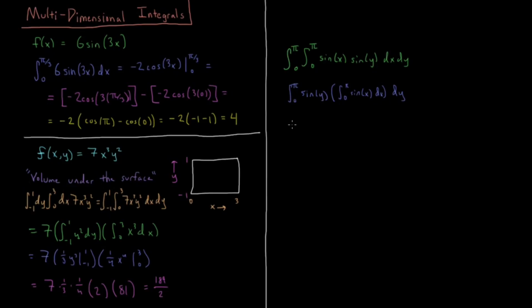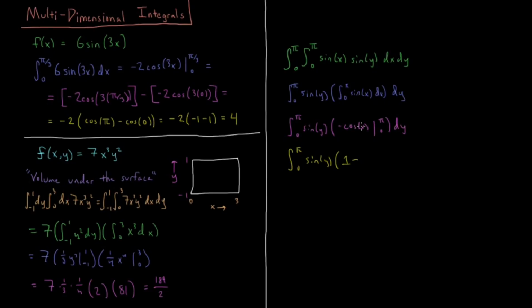So within there, I'm going to have integral 0 to pi sine y times the integral of sine x, which gives me minus cosine x from 0 to pi, dy still on the outside. Then I have integral 0 to pi sine y. Cosine of pi is minus 1. Minus minus 1 is 1.